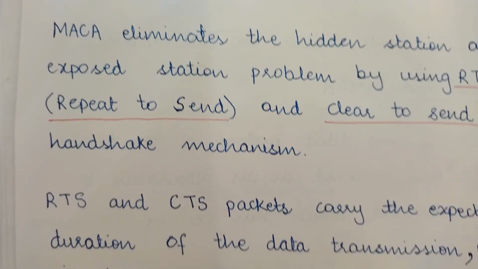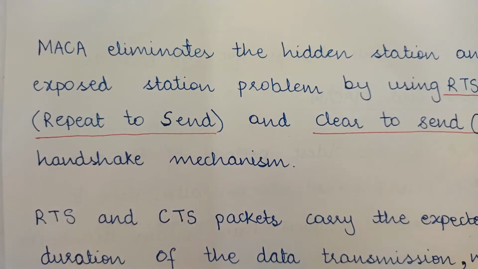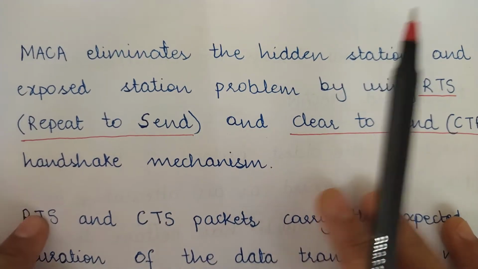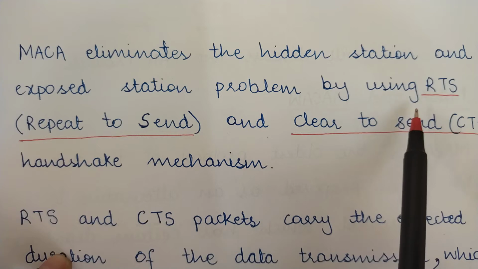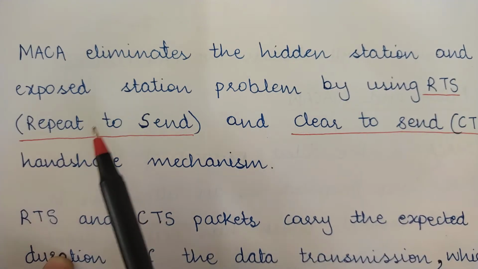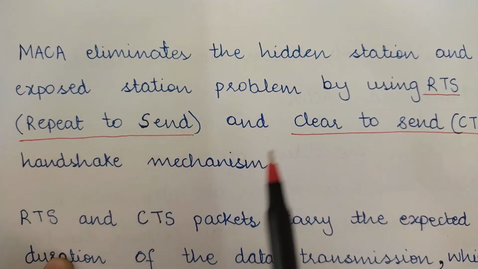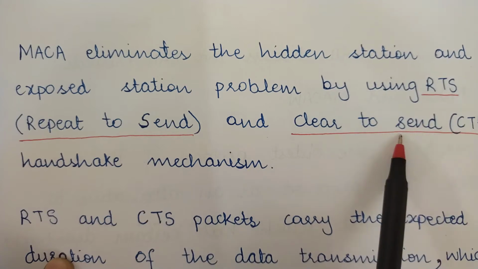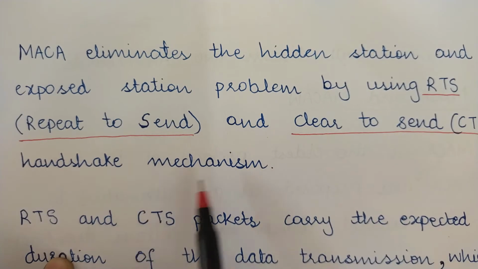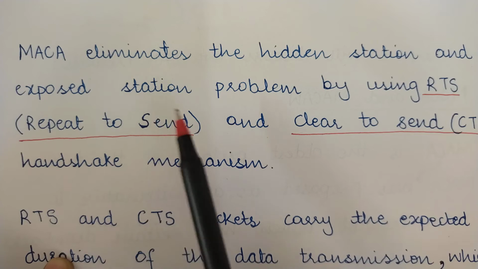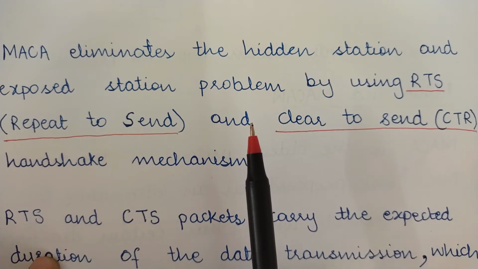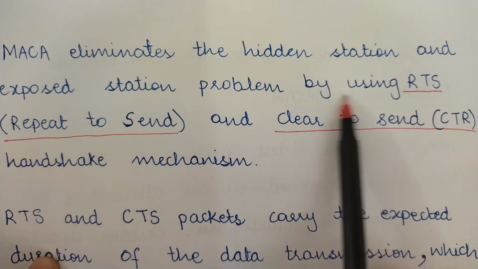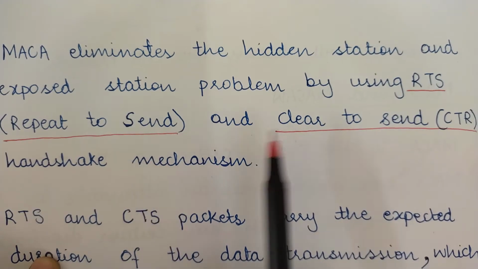So MACA eliminates the hidden station and the exposed station problems by using RTS and CTS. What is RTS? RTS stands for request to send. And what is CTS? Clear to send. MACA basically uses a mechanism known as the handshake mechanism, and it uses RTS, request to send, and CTS, clear to send.